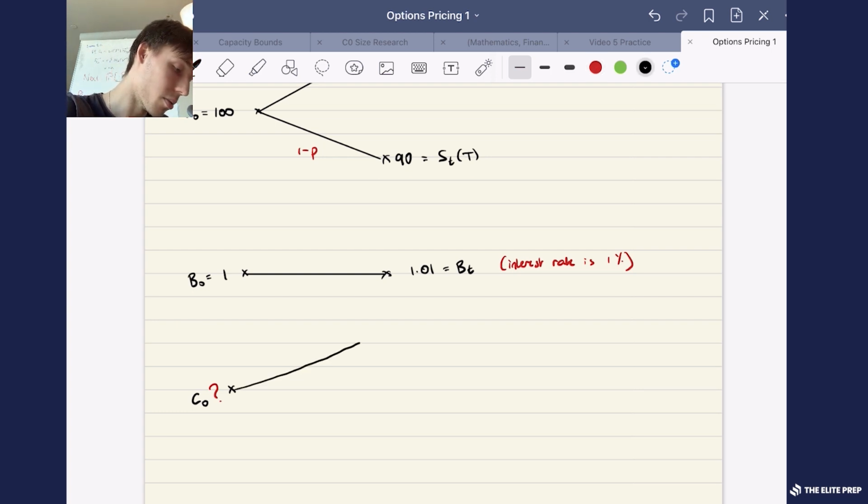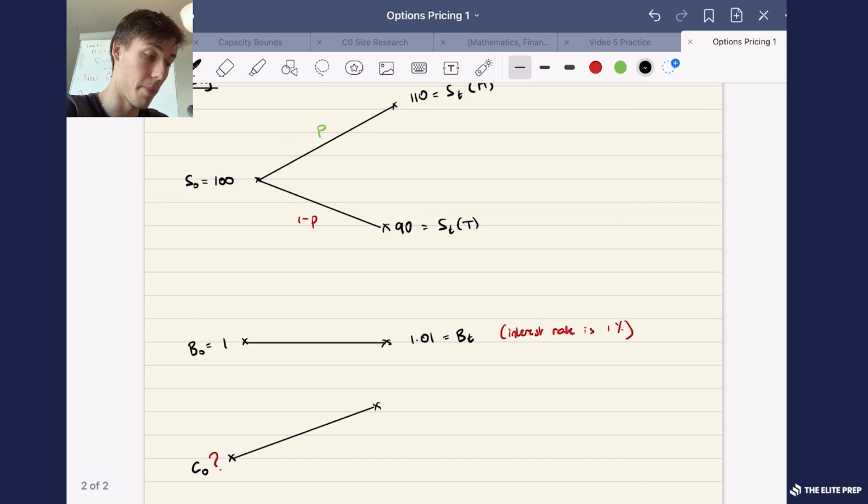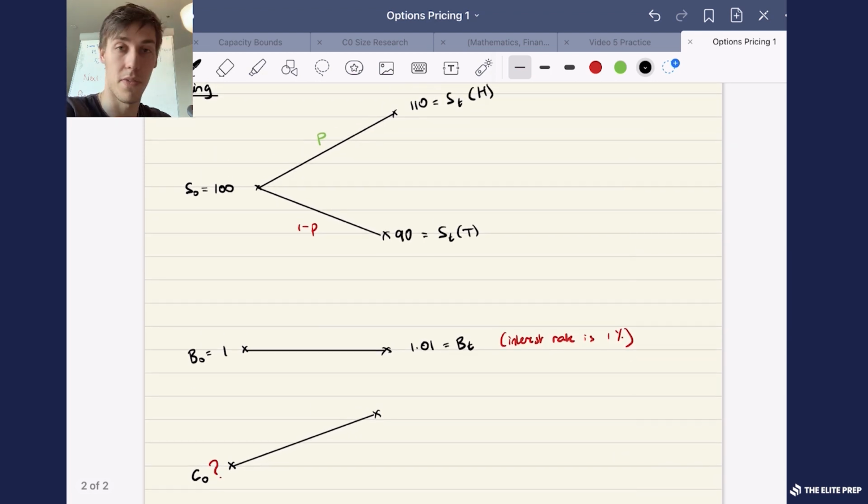But what we do know is what happens to the call option in the future. We know what the payoff will be if we know what the stock will be. Let's say the call option has K equals 100, so its strike price is 100, and its maturity equals T.